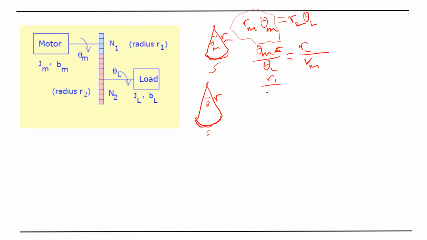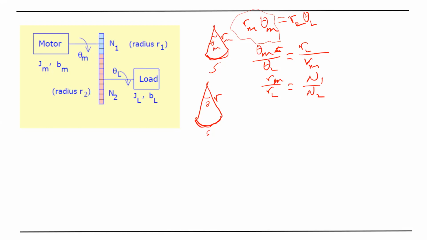R motor and R load are proportional to N1 and N2, isn't it? Yes, the larger the gear, the larger the radius, the more the teeth. But it is the ratio between them, so a proportionality.